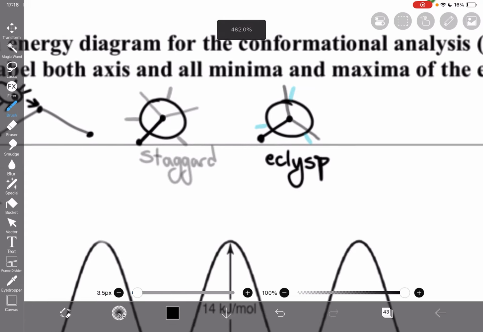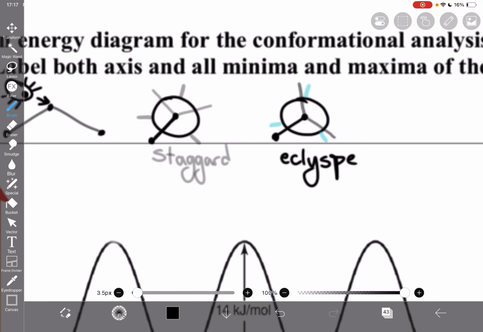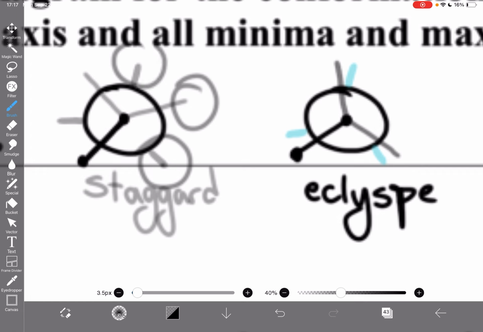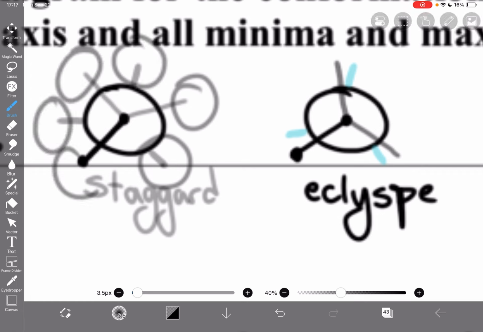Of our conformational analysis. Now, which one looks more stable? To me, the staggered one does. Why? Because there's no clashing. Hydrogens have mass, and it's all happy.